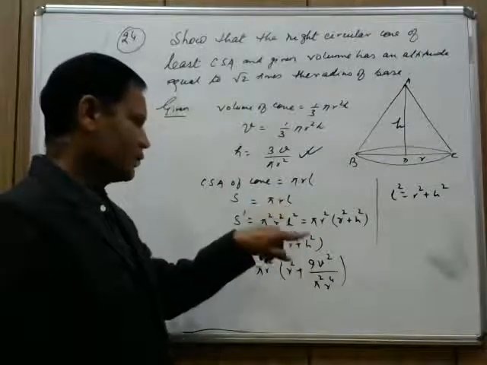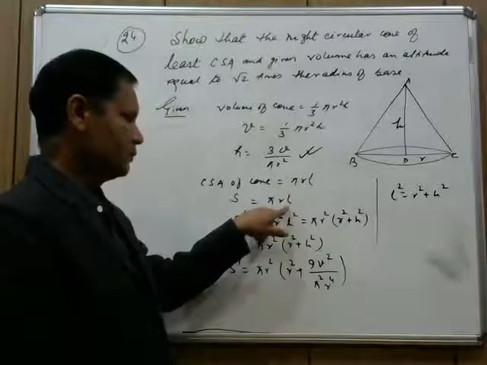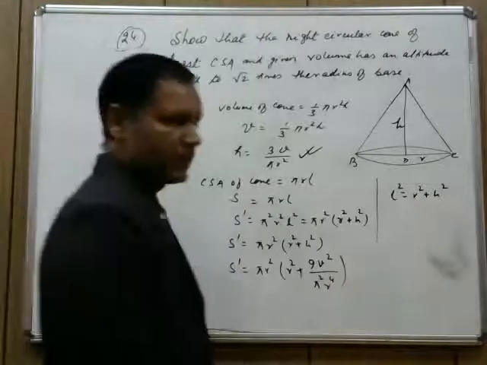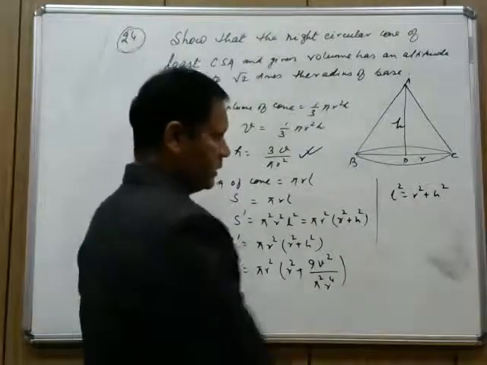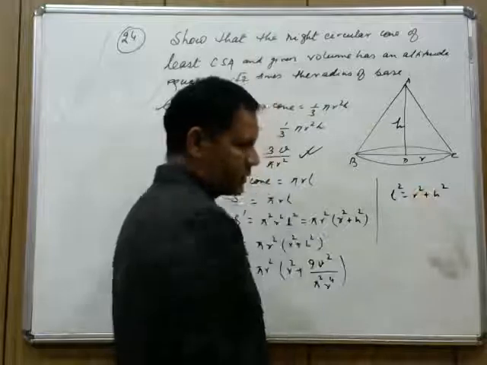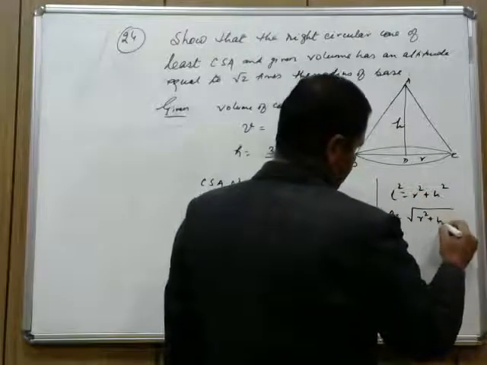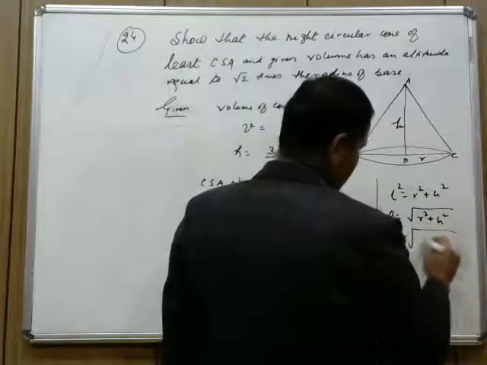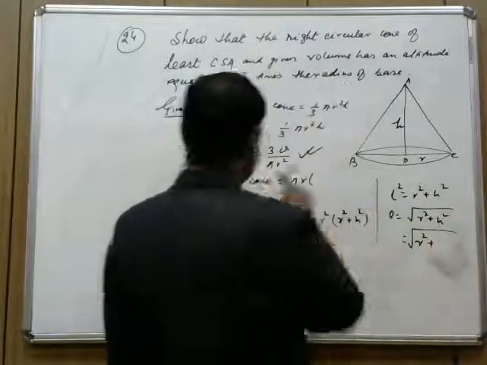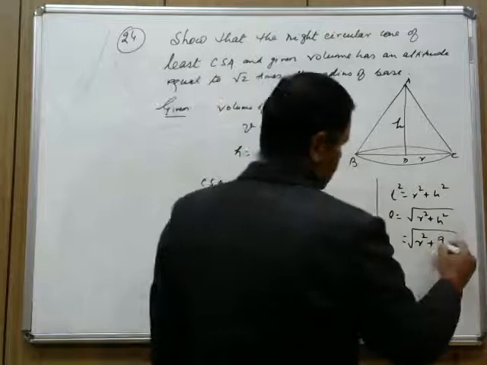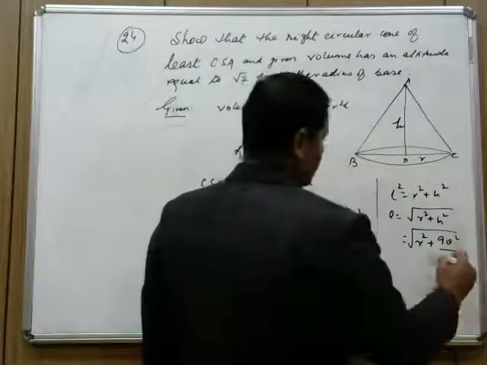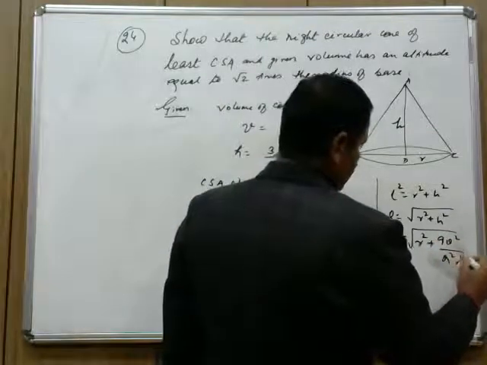I can do one thing. L square is equal to r square plus h square, L is equal to under root r square plus h square. Now put the value of h square over here. h square is equal to 9V square upon pi square r to the power 4.